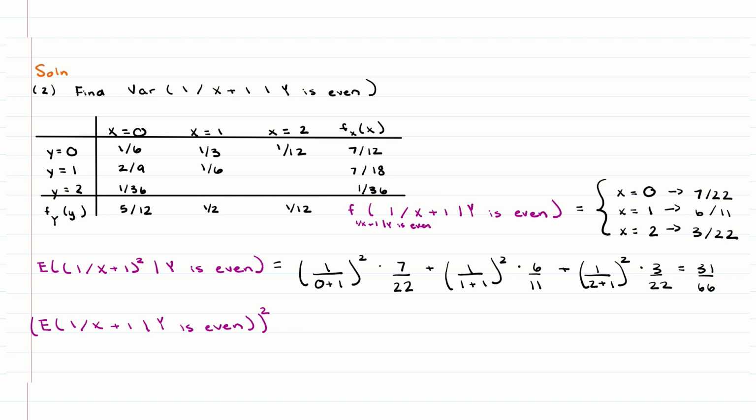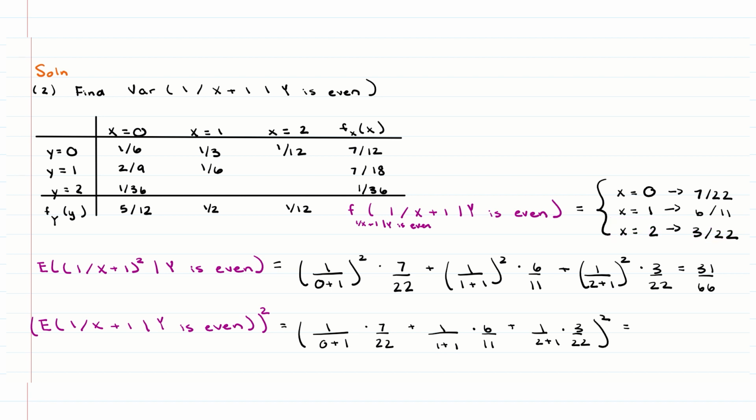Then for the expectation of 1 over x plus 1, given y is even, squared, we have 1 over 0 plus 1 times 7 over 22 plus 1 over 1 plus 1 times 6 over 11 plus 1 over 2 plus 1 times 3 over 22, squared.